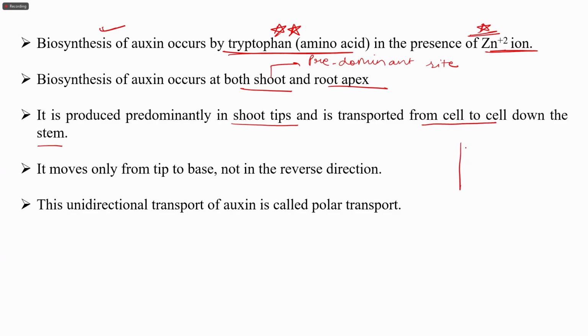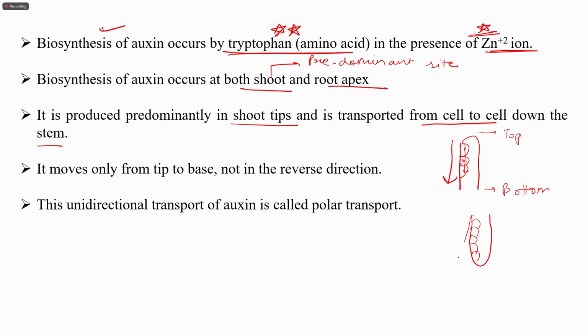So down the stem, suppose this is the direction of stem. This is the top, and this is the bottom. So auxin will be transferred from this to this, cell to cell, down the stem. Now, another question that arises: if I change the orientation of this stem, then what will happen?